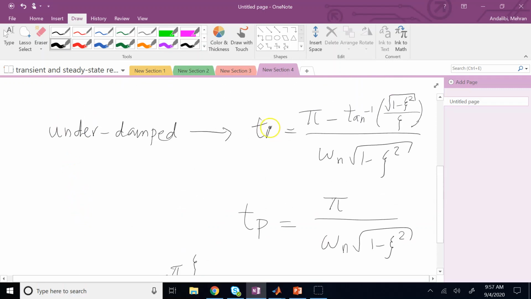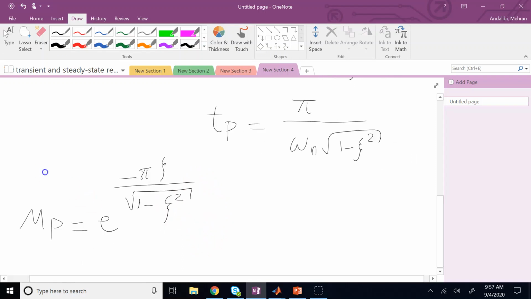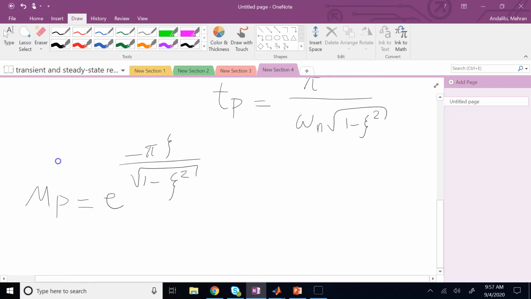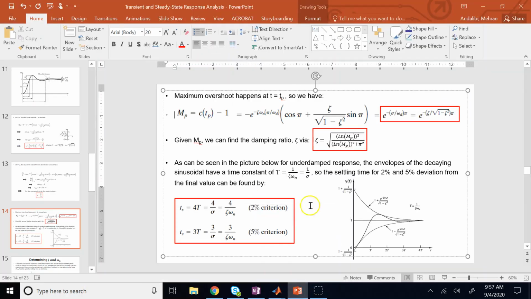As you can see, rise time and peak time are a function of both zeta and omega n, but MP is only a function of what? Zeta. There is no omega n in it. In other words, if I give you an MP from here, you can directly solve for zeta, the inverse function basically, which is what I have for you over here.